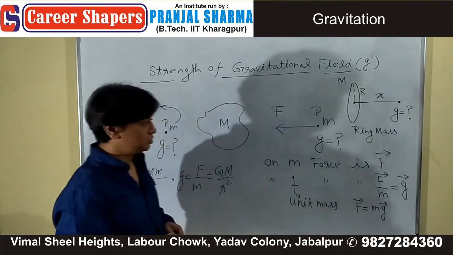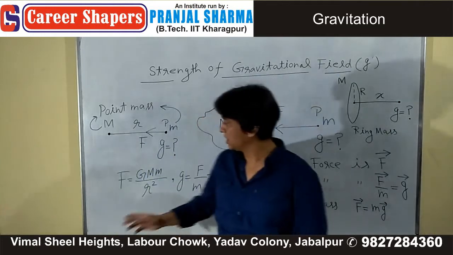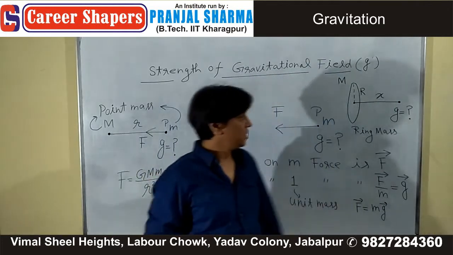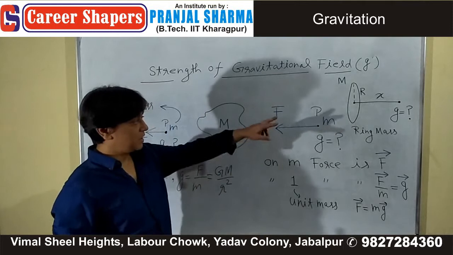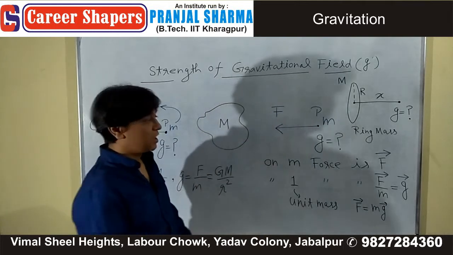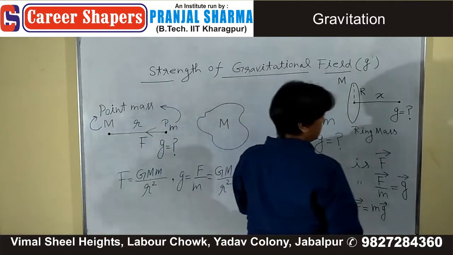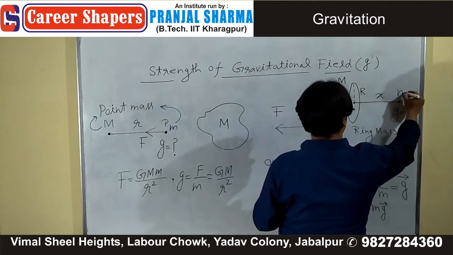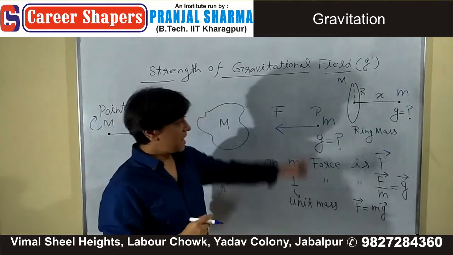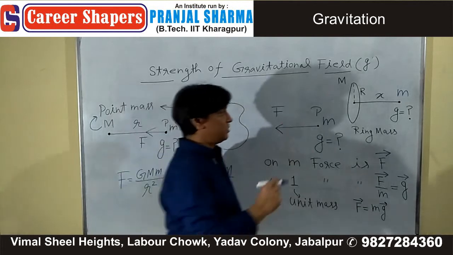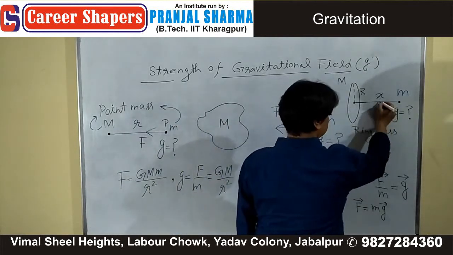If it's a ring mass, you cannot use force as Gm upon r square. We have already done this article where we found the force if you place a mass m on the axis of a circular ring.